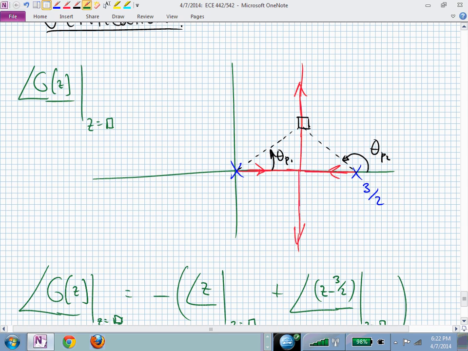So all those points on that vertical line drawn straight up from 3/4 are on the root locus. This is a very important point. That point, z equal 3/4, is the breakaway point.